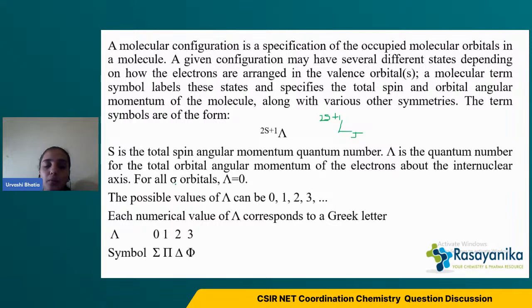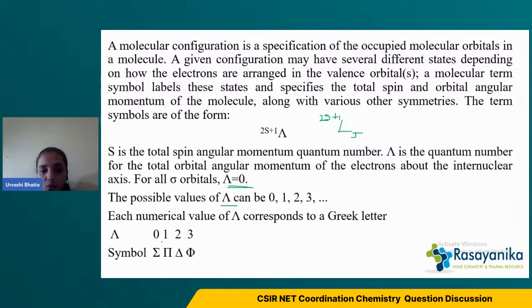For all the sigma orbitals, the symbol is 0. I'll show you; you'll understand it when you solve one of the term symbols. The possible values of this can be 0, 1, 2, 3. Each numerical value corresponds to a Greek letter: sigma, pi, delta, and phi.